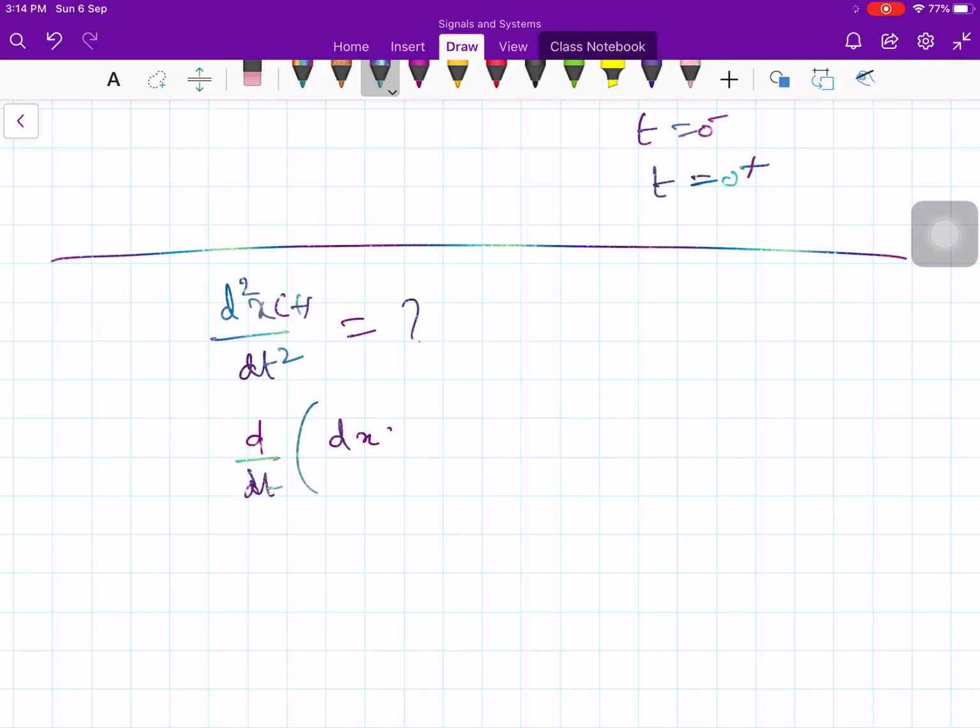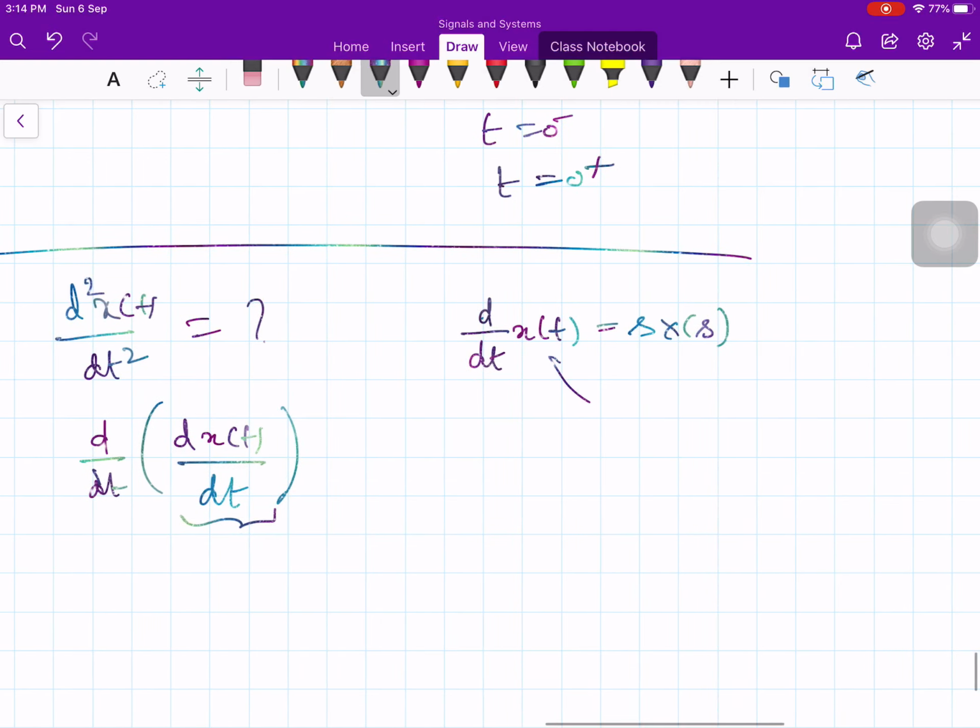And we know the formula for the Laplace transform of the first derivative, so apply the formula which we already know: d by dt of x of t is s times its Laplace transform x of s minus the initial condition of x of t.